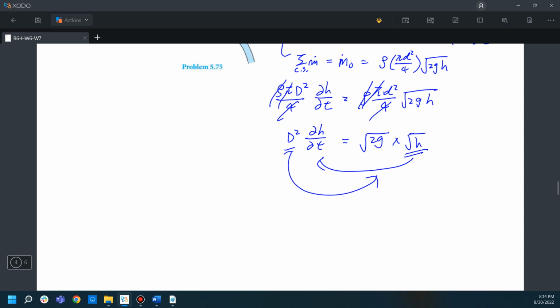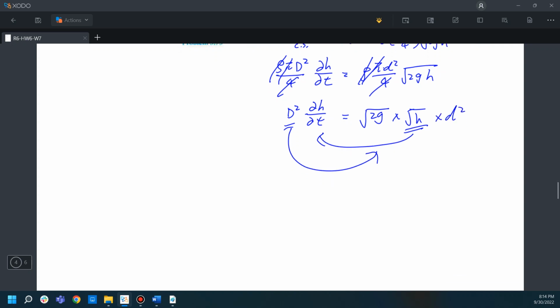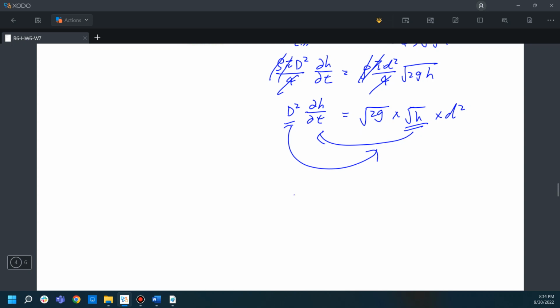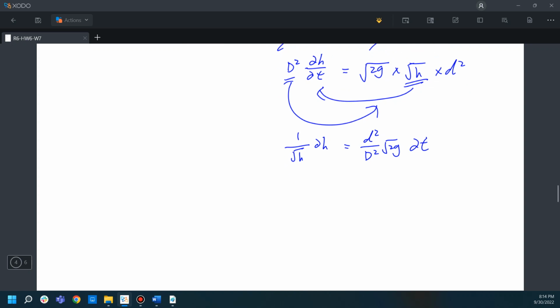Oh, forgot one term, d². So we have these ∂h equal to d² divided by D² times 2g ∂t. Okay, and this is the constant.